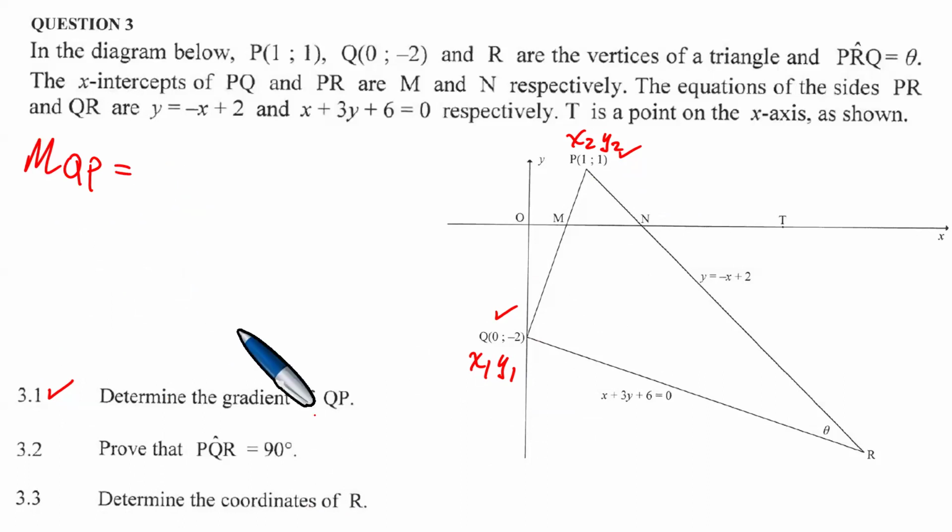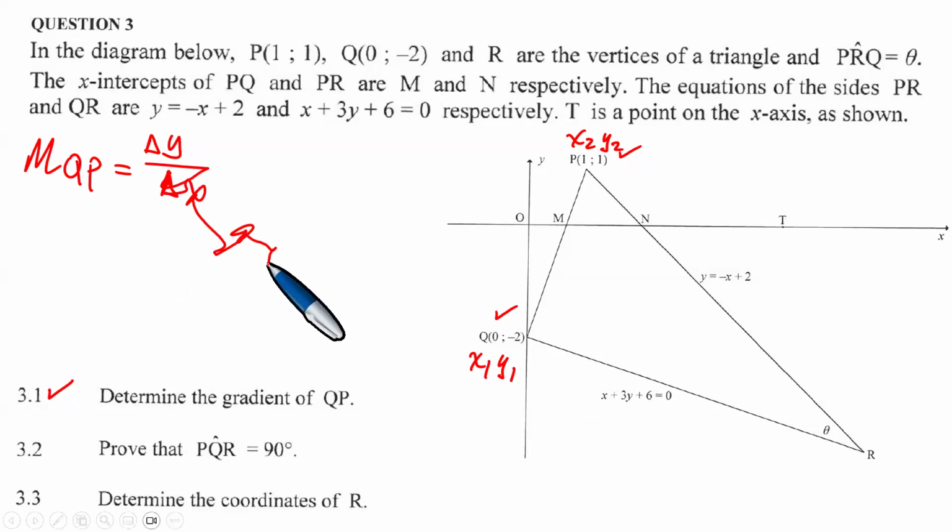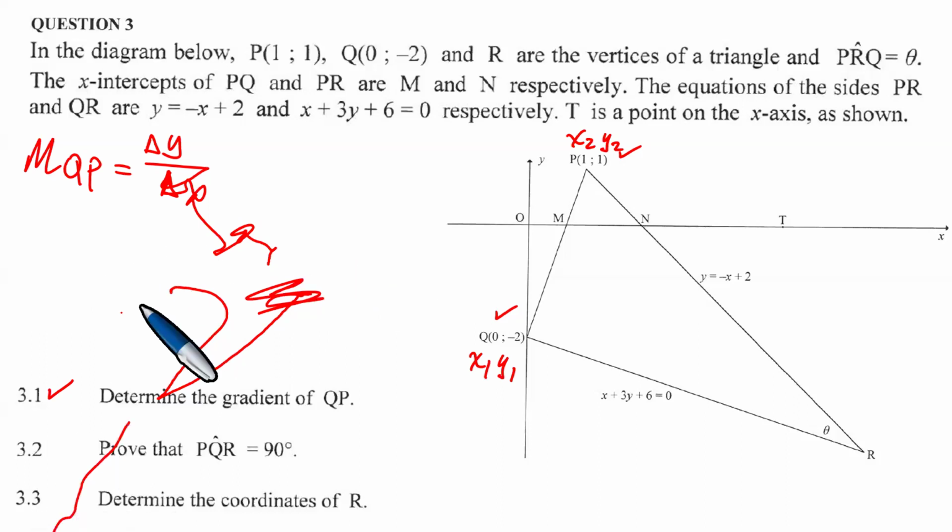The gradient of QP equals delta y over delta x. So if you have delta y over delta x, we continue to analyze this, and we solve this question.